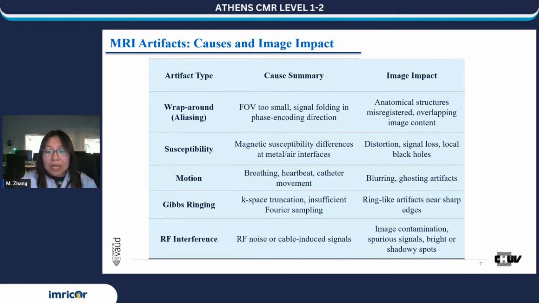Motion artifacts are common in cardiac imaging due to patient breathing or catheter movements. Gibbs ringing appears when there's k-space truncation, and RF interference, which is particularly relevant in interventional CMR, can arise from cables or nearby hardware.